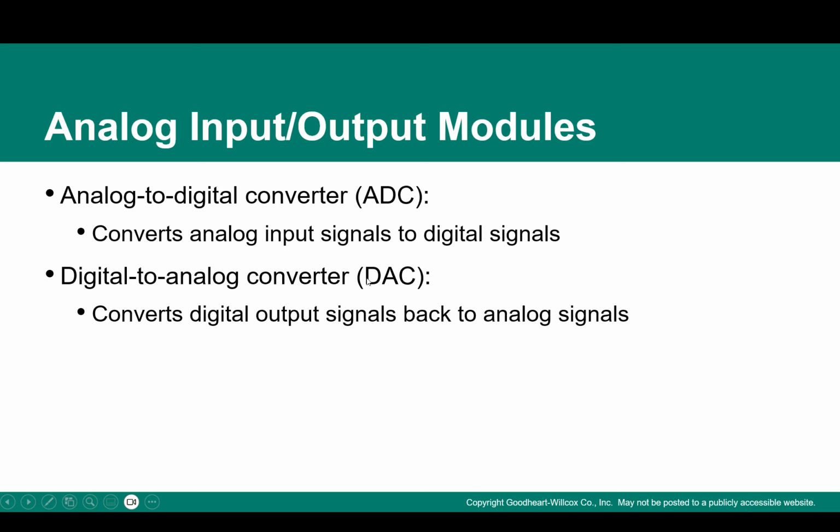The digital to analog converter, also called DAC, converts the digital signal back to its analog form. So the 2 very important chips, ADCs and DACs, comprise the analog I/O modules.